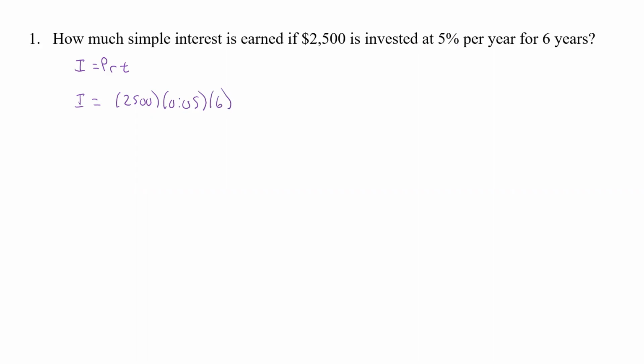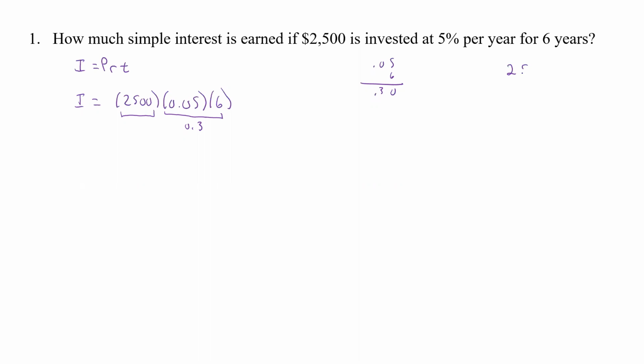Now we need to multiply all those together to get our final interest. If we take the 0.05 times 6, that's going to give us 30, and moving it 2 places, 0.3. So this is 0.3, and we can drop the trailing 0. Now we take that times 2,500, and we get our final value.